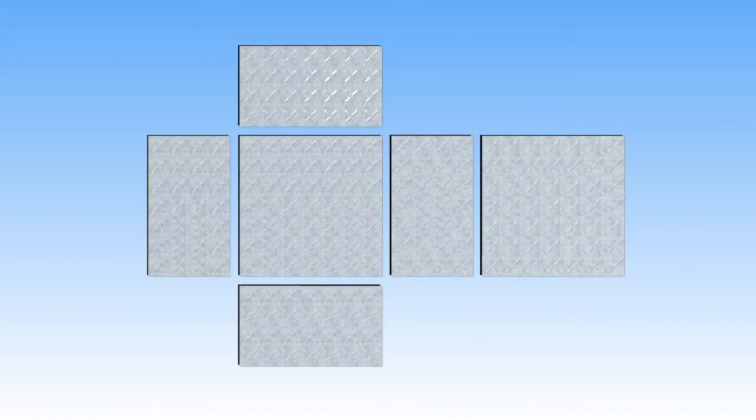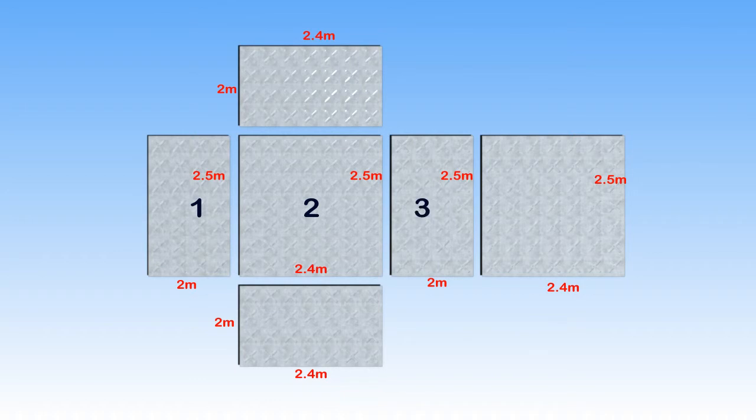In the case of a cuboid, when it is flattened out, it is made up of 6 rectangular faces, as illustrated in my diagram. Therefore, the materials will be cut into 6 parts with length 2.5 meters, breadth 2.4 meters, and height 2 meters. So, how much will I pay for the iron material?